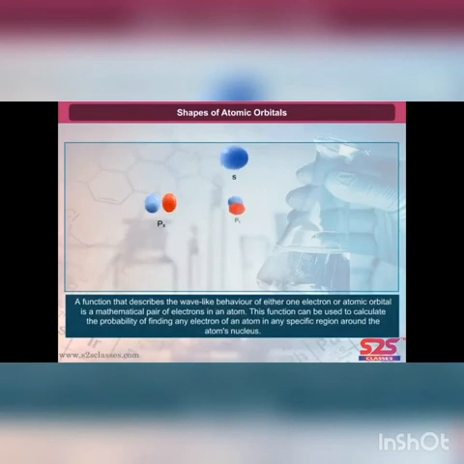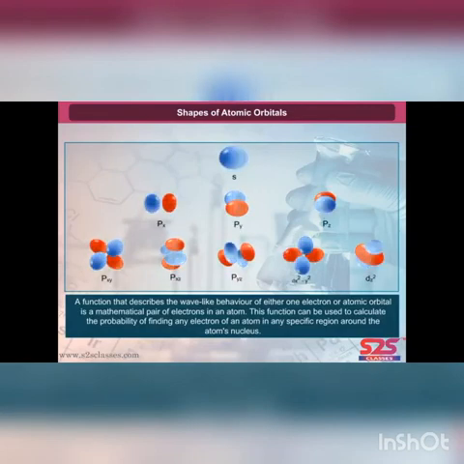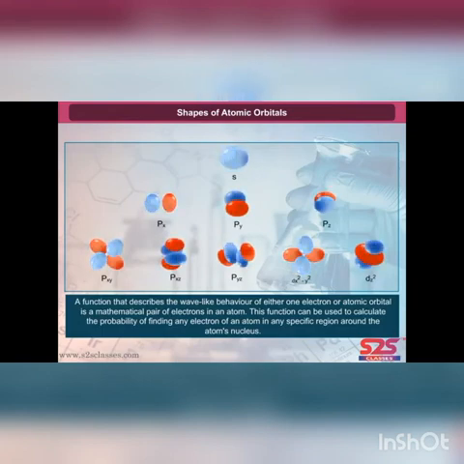Shapes of atomic orbitals. A function that describes the wave-like behavior of either one electron or a pair of electrons in an atom is a mathematical function called an atomic orbital. This function can be used to calculate the probability of finding any electron of an atom in any specific region around the atom's nucleus.